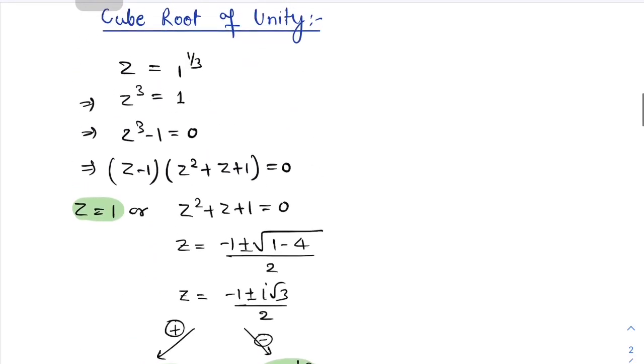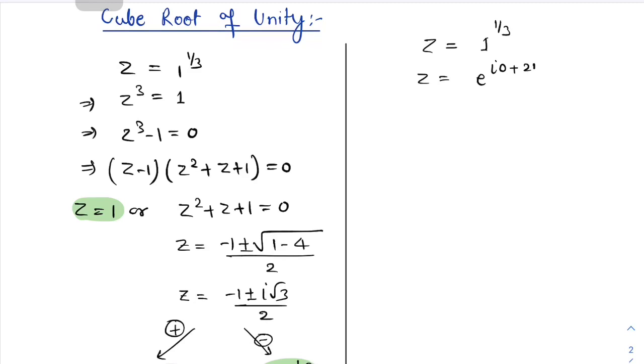The other way to solve this cube root of unity is by considering Euler's form. If z is equal to 1 to the power 1 by 3, I can write this 1 as e to the power iota 0, or in general form 0 plus 2n pi, whole to the power 1 by 3.